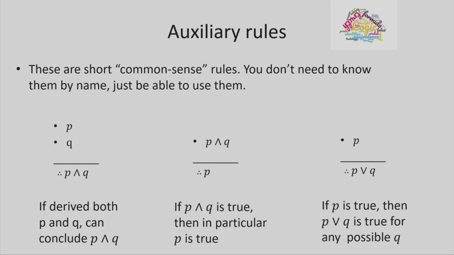So if you derive that the treasure is not in the kitchen, then sure, you could say, oh yes, that means the treasure is not in the kitchen or the treasure is under the flagstone. No problem. Because you already know that this would be true just because of the first part of it.